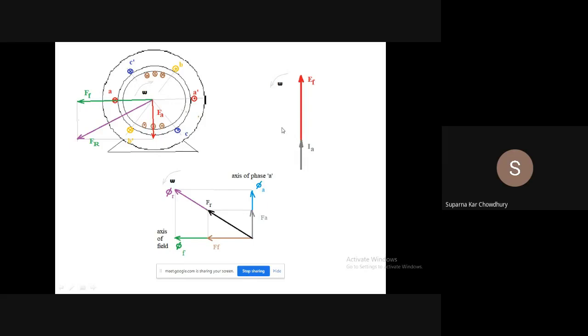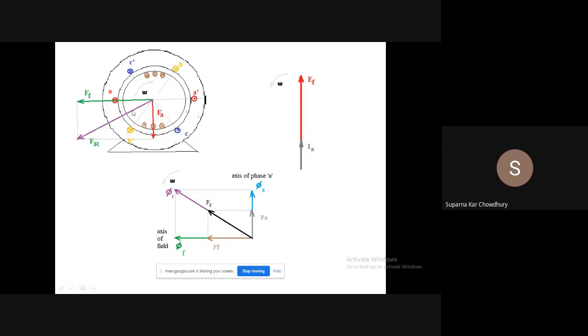the armature current. Now first consider that the armature current is in phase with the induced EMF Ef. In that case, when the induced EMF is maximum, the armature current is also maximum.